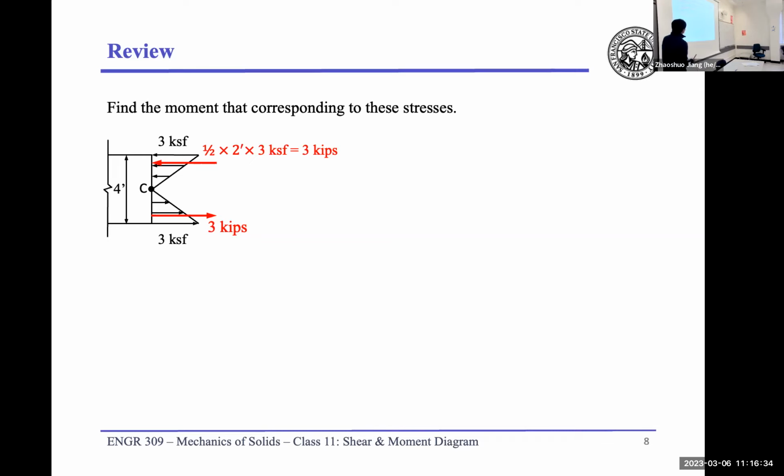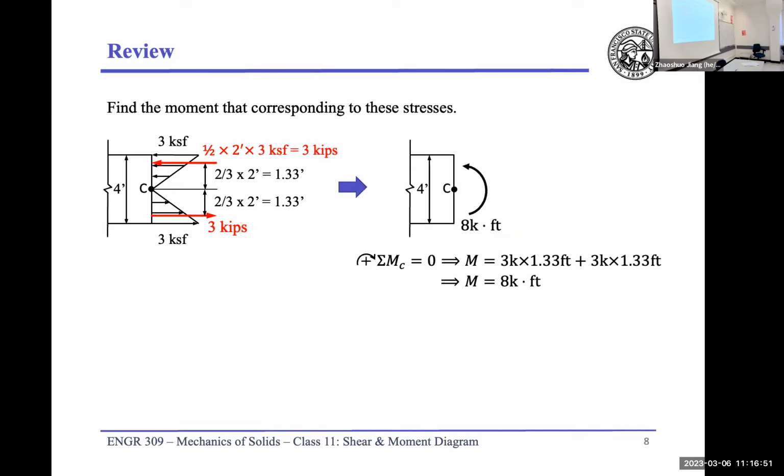We're taking 1 foot in and out of the page so that we can calculate a force instead of a stress. Then we have a top and a bottom. The distance is 2/3 from the bottom, and we can take the moment at point C.